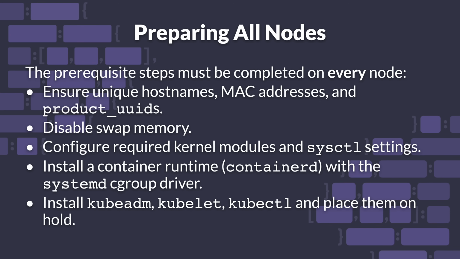This includes ensuring unique hostnames, MAC addresses, and product UUIDs, disabling swap memory, configuring required kernel modules and sysctl settings, installing a container runtime and ensuring its cgroup driver is set to systemd, and finally installing the Kubernetes binaries, kubeadm, kubelet, and kubectl, and placing them on hold.